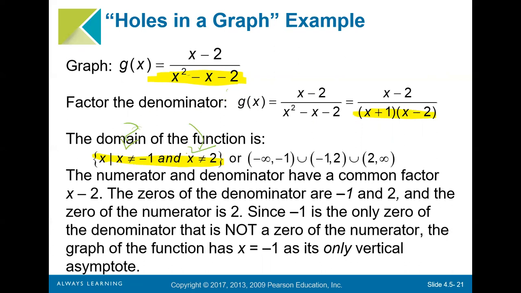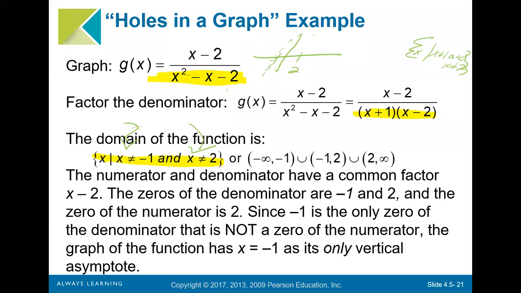So my domain could be written in set builder notation as x such that x is not equal to -1, and x is not equal to 2. It's also written out when we draw that on the graph: a vertical asymptote at -1, right? So we have this dotted line, which means this function's not going to cross there.